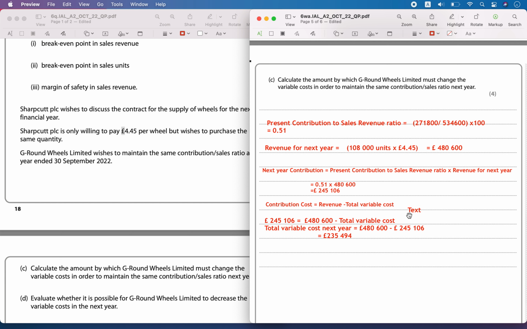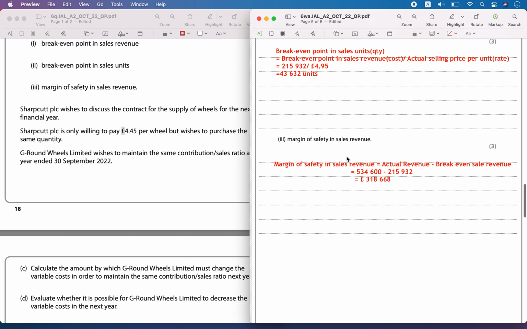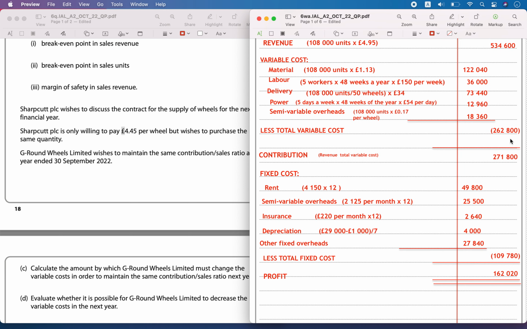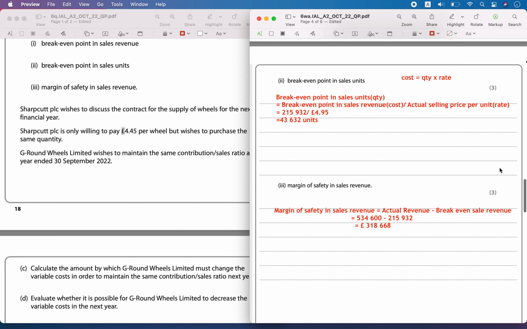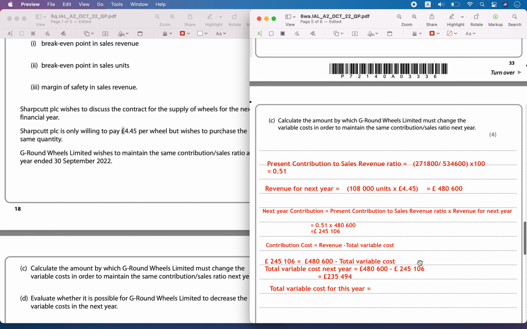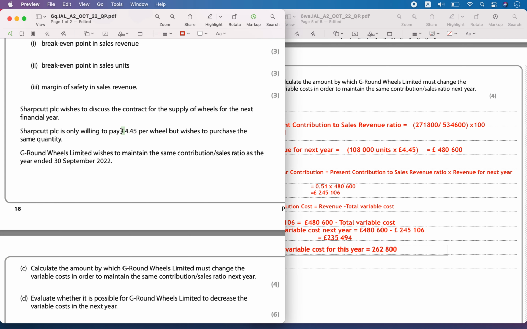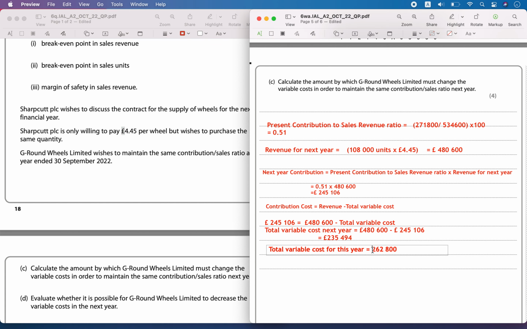The total variable cost for this year was calculated in the first part, and it was 262,800 pounds. That was the current variable cost.